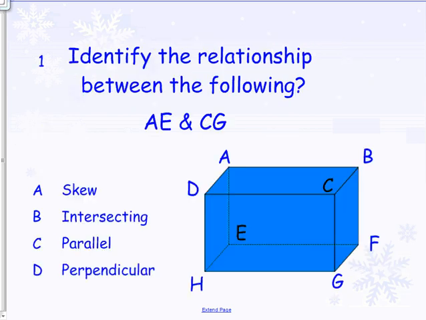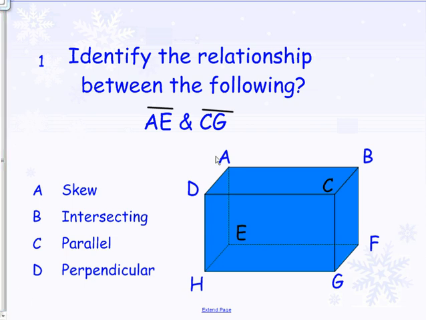Okay? So real quick, just to do an example, we have a question. It says, identify the relationship between the following: segment AE and segment CG. How would you classify these two segments?